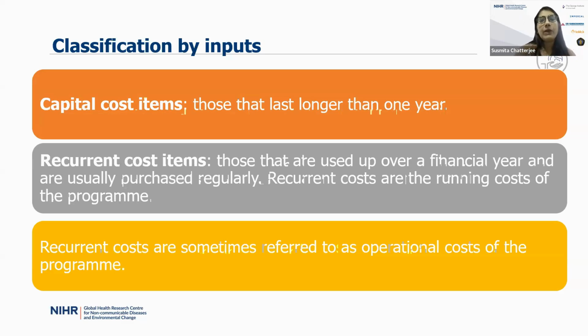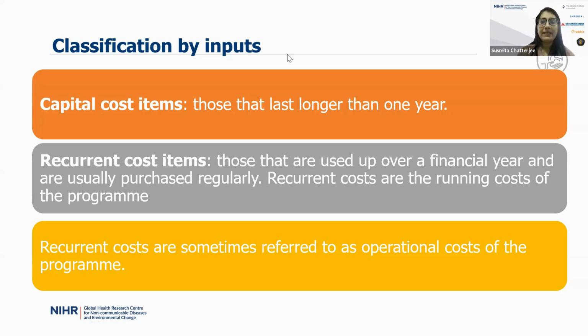Give me a few examples now in the chat, please. Give me a few examples of capital items, any item used for any program whose useful life is more than 1 year. Correct.